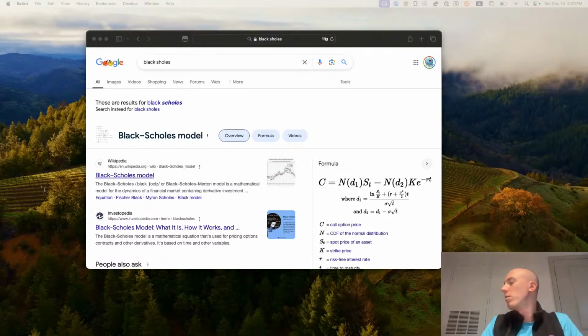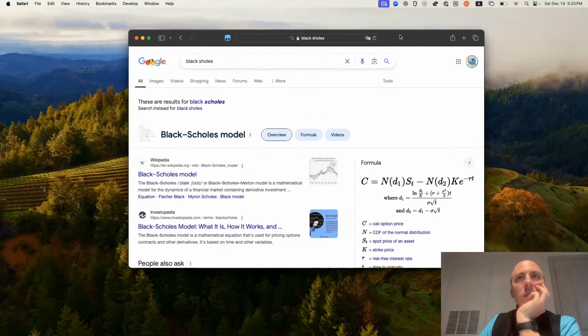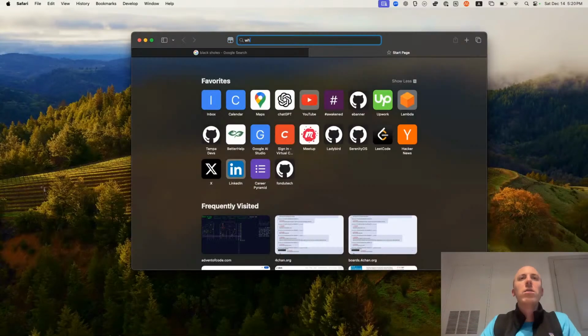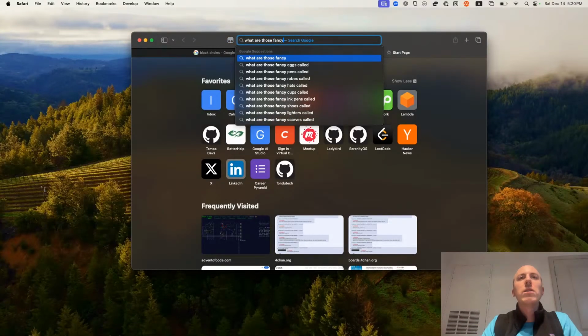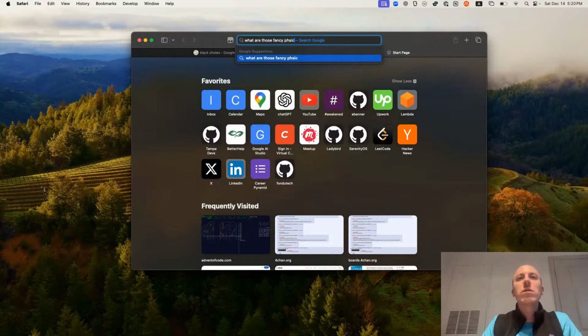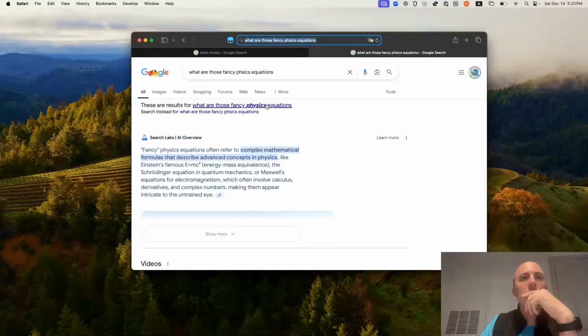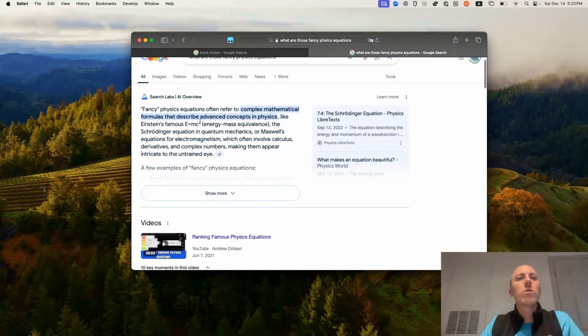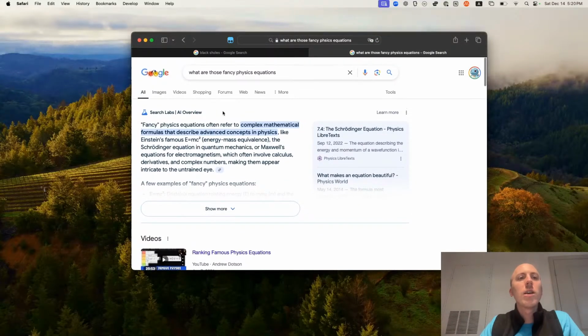I'll just jot down some other stuff, like, what are those fancy physics equations? Oh yeah, Maxwell's equations.